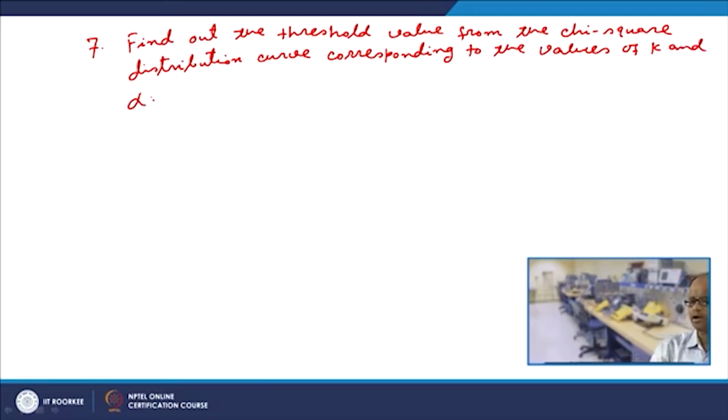We have already shown in the last lecture that for any particular combination of k and alpha, there is a certain threshold value. So, we find out the threshold value.